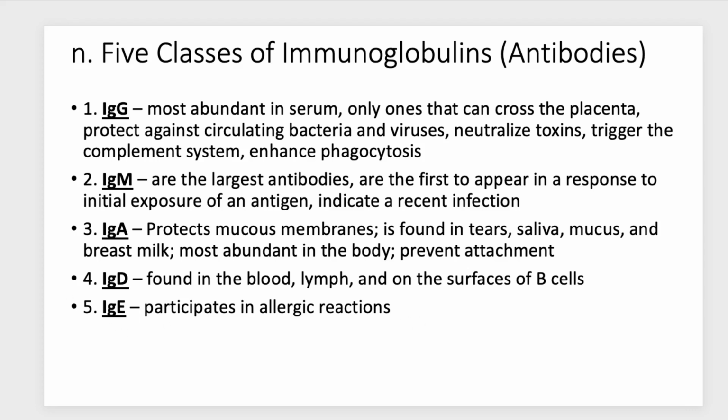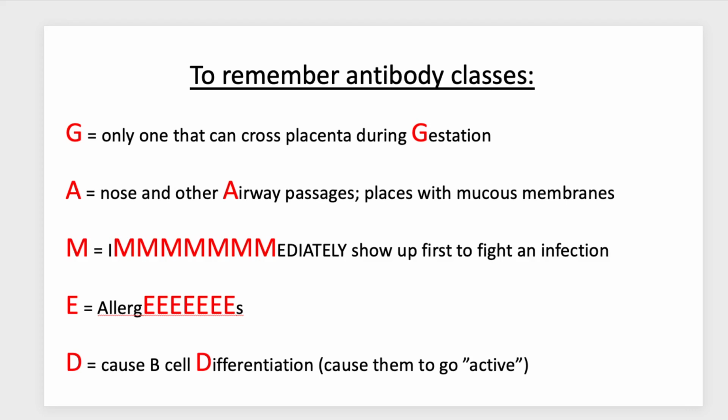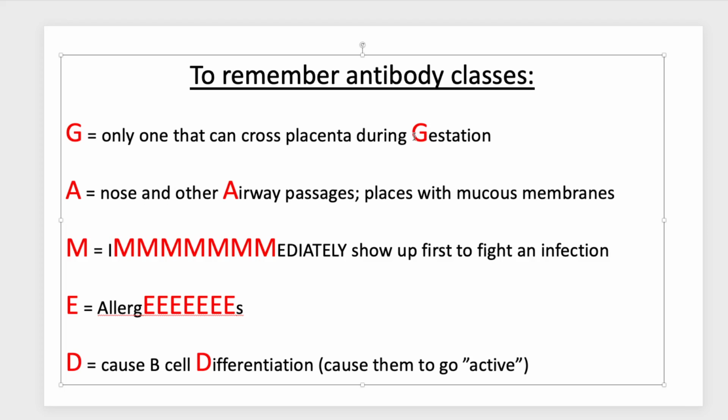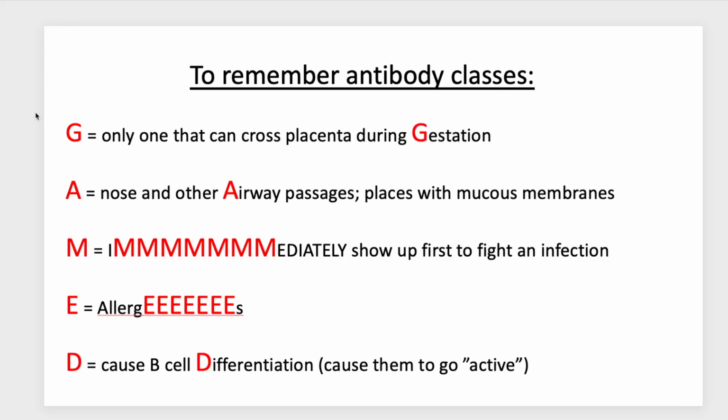So here's how you can remember the GAMED antibody classes. The first one, G, is the only one that can cross the placenta during gestation. So G for gestation. A, immunoglobulin A, is going to be the nose and other airway passages or places with mucous membranes.